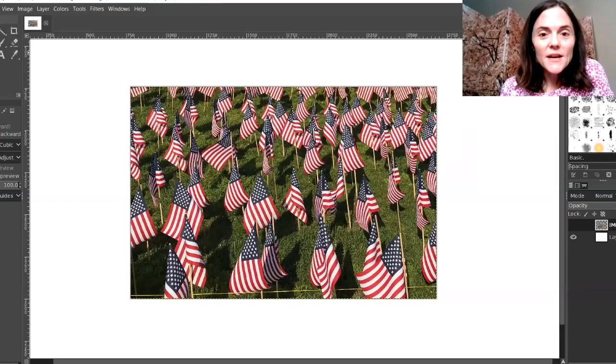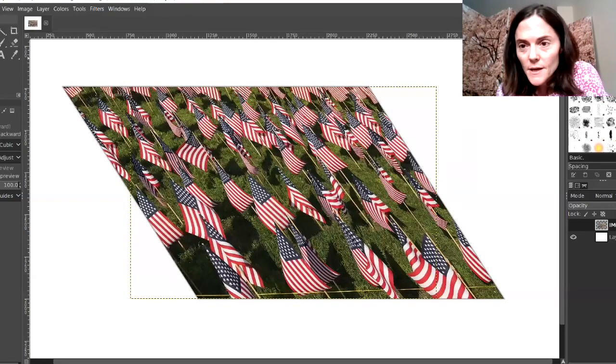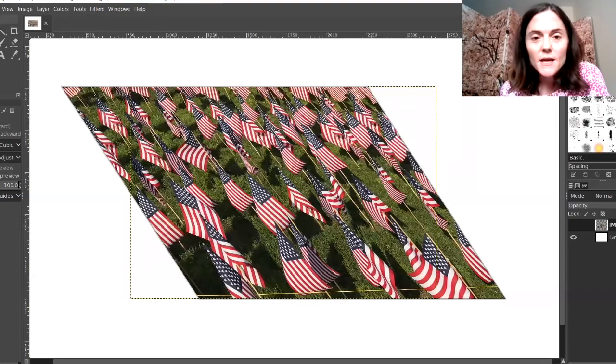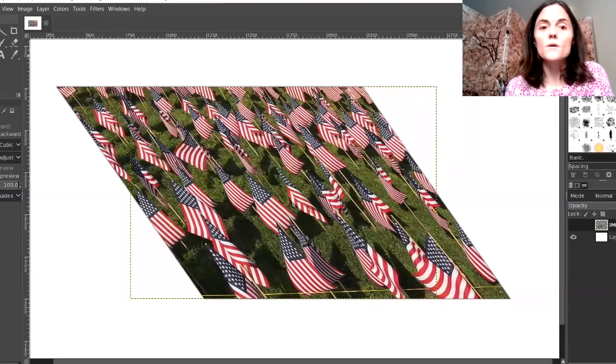Okay, well, here is an image. This is a picture I took in the Boston Common maybe a year or two ago. So if I shear, oh, there we go. This is shearing horizontal. This is a horizontal shear.